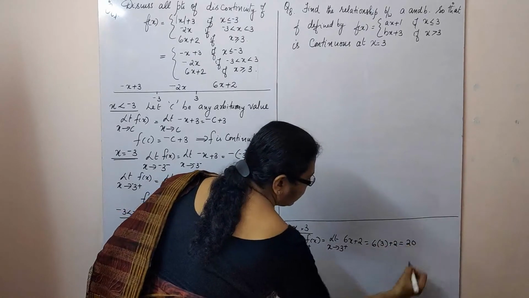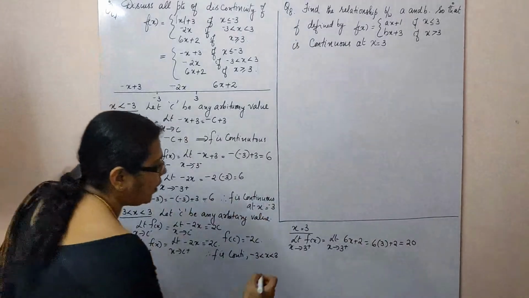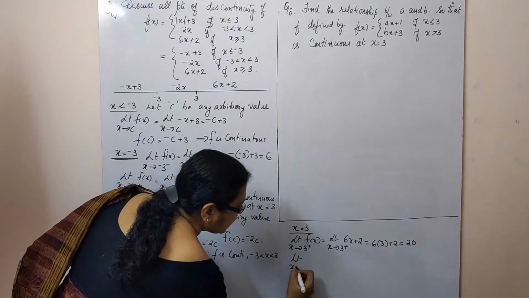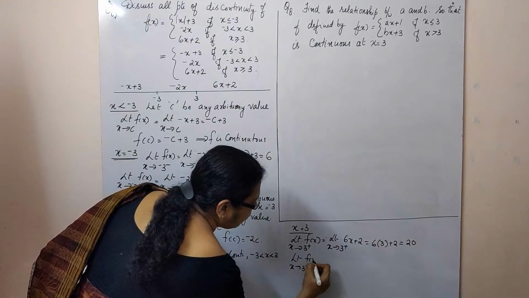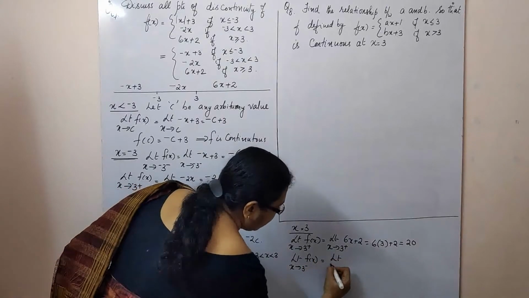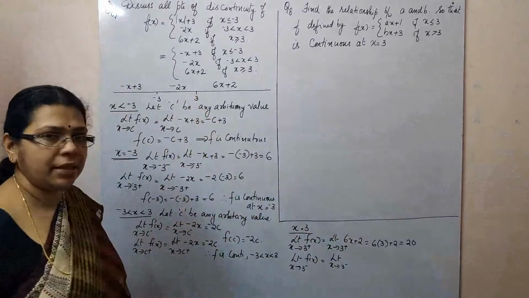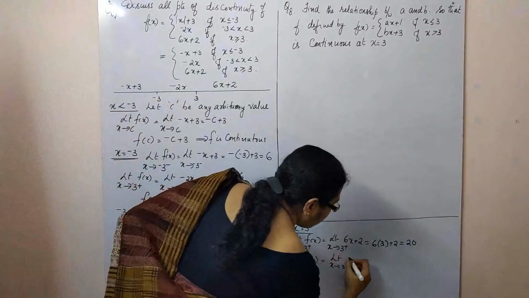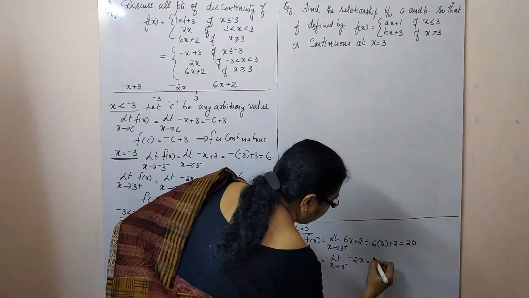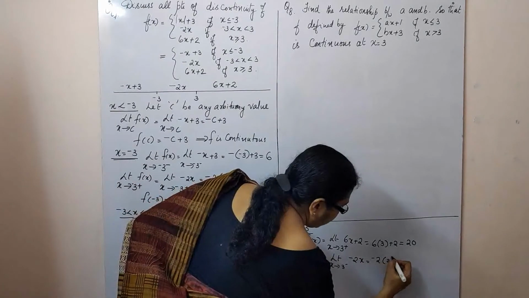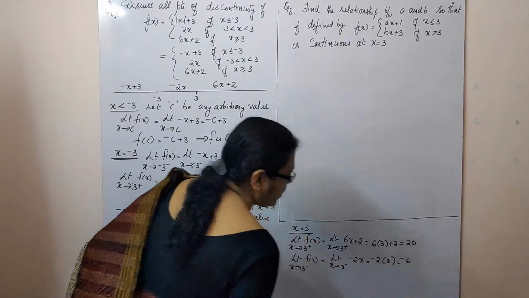That is what? 20. Right? Now I move on to limit x tends to 3 minus f of x. This is equal to limit x tends to 3 minus. 3 minus means what? Lesser than 3, isn't it? That is minus 2x, which is equal to minus 2 into 3, which is minus of 6.